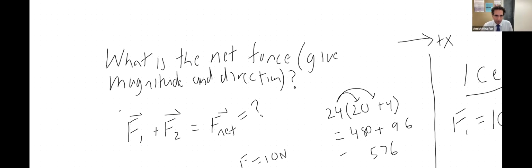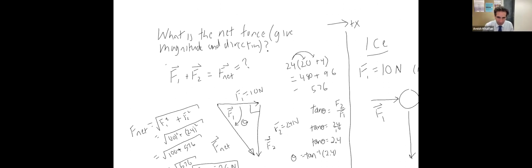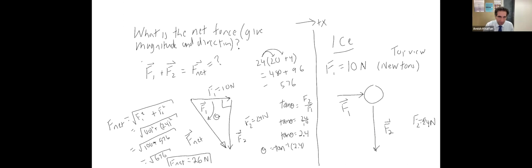And I get 67.38 degrees. So the answer: theta is 67.38 degrees south of east, right? South of east, or below the positive x-axis. That's the direction. The magnitude was 26. Any questions about this one?